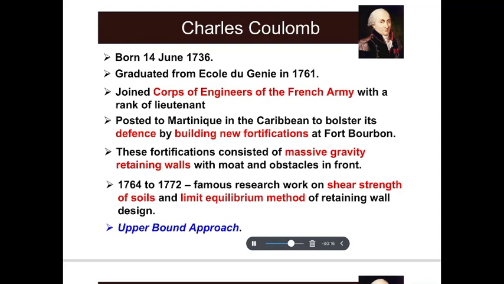His famous research work on the shear strength of soil and the limit equilibrium method of retaining wall design were conducted between 1764 and 1772. The limit equilibrium method of retaining wall design used the upper bound approach.